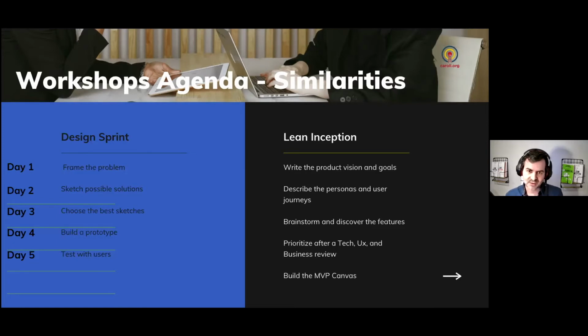And bear in mind that in the Inception, we have different participants. There are more perspectives among the participants. For example, the developers are in the room as well. So you're going to bring a very technical perspective along with the business perspective and the perspective looking after the users. And then we brainstorm the features from all those perspectives.